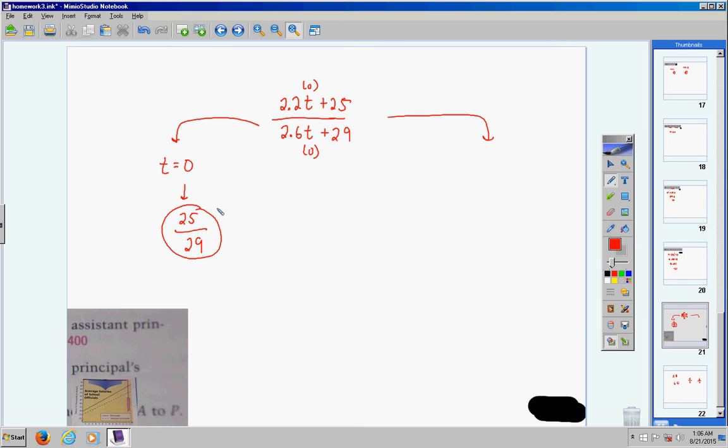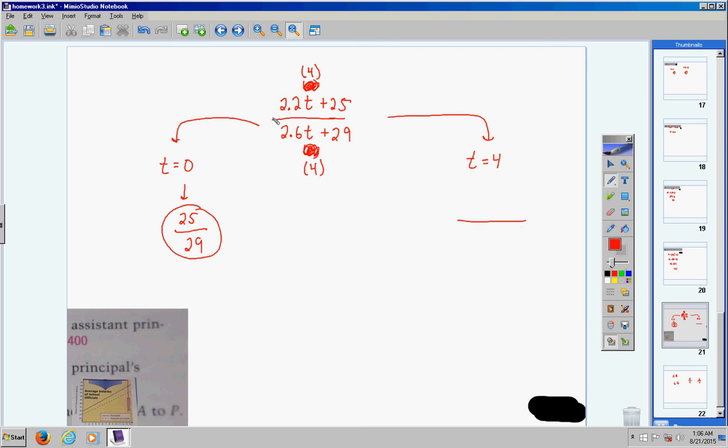Okay, that's the ratio of the assistant principal to the regular principal. Now, let's put a 4 in for T. Okay, so now, instead of putting a 0 for T, I'm going to put a 4 for T. Instead of putting a 0 here, I'm going to put a 4. Now, here we go.